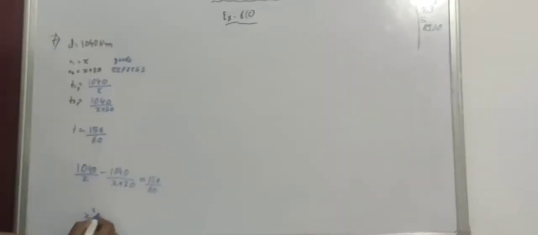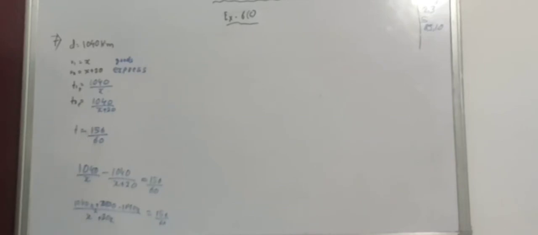We'll get x square plus 20x in the denominator, and above we have 1040x plus 20800 minus 1040x is equal to 156 by 60.